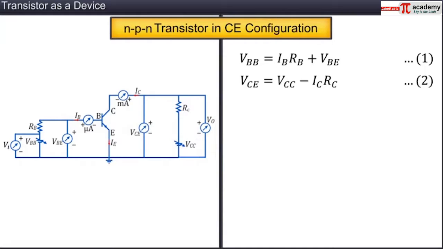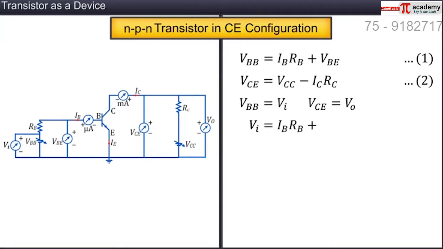Here the input voltage VBB is represented with VI and the output voltage VCE is represented with VO. Then the equation 1 can be written as VI is equal to IB into RB plus VBE. Let this be equation 3.